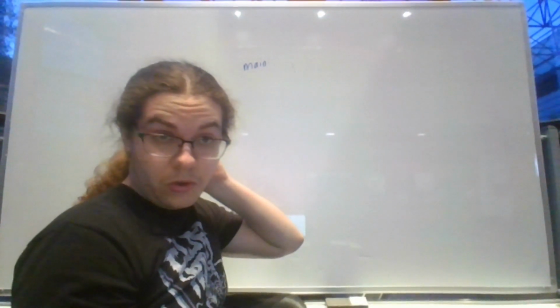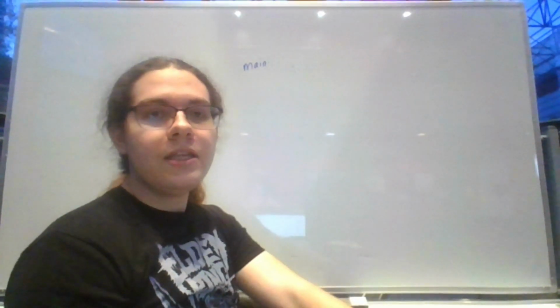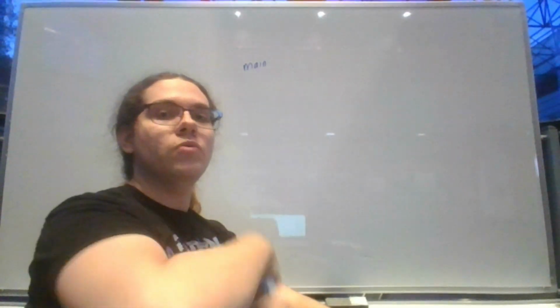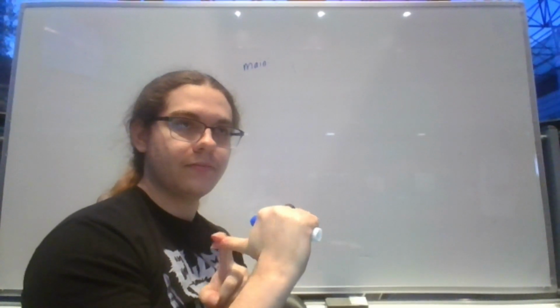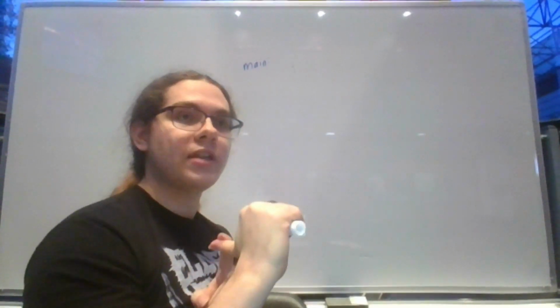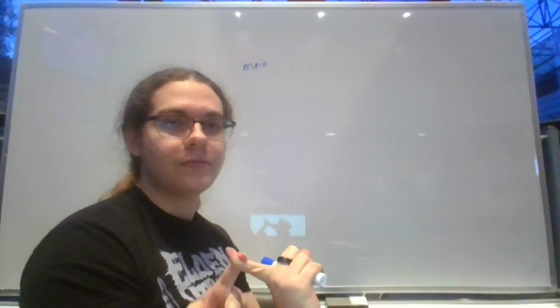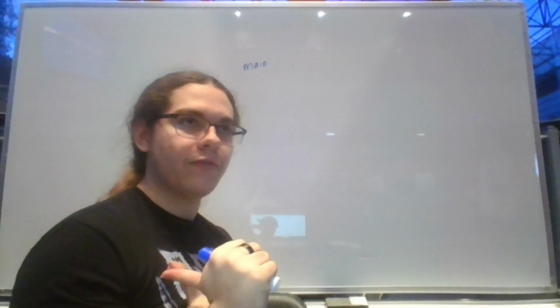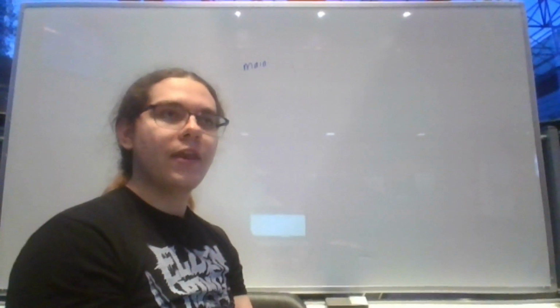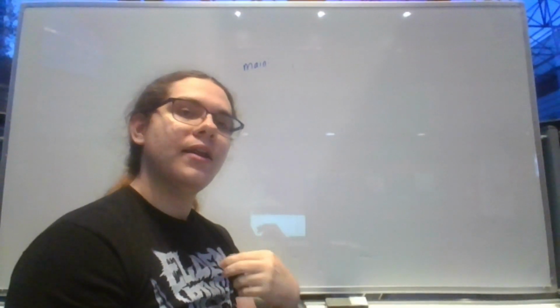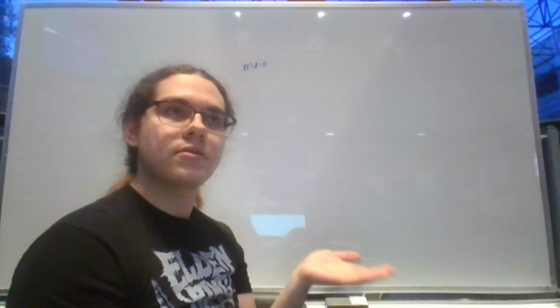Okay, so we need to do a few things actually. We need to call the function, and then we need to store the result of that function in int y. So how do I call a function? Well, you just JAL to the place that it's at. However, you can't forget that you need to initialize the arguments for your function.